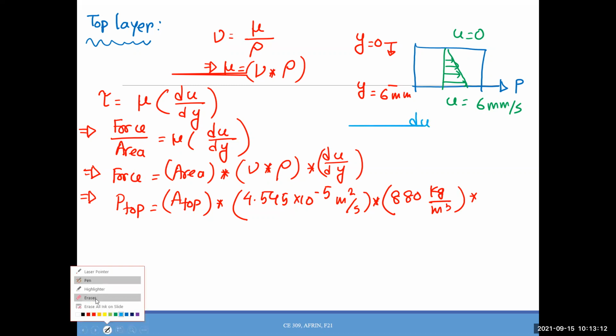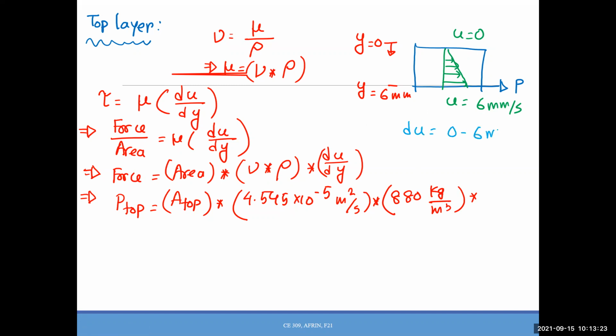Du means the difference in velocity. So here, the difference in velocity is what? 0 to 6 millimeter per second, right? From this picture, from this point to this point. And what is dy? 0 to 6.